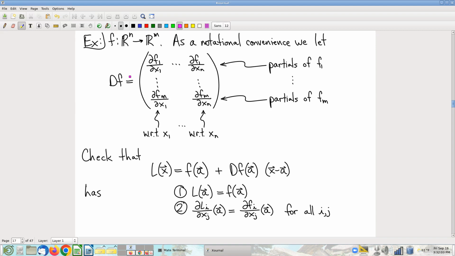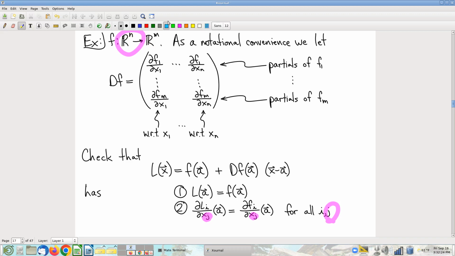And we want to find, again, a function that agrees in value and all of the various partial derivatives. And keep in mind, I've got several different input variables, x1 through xj, with respect to which I could take partial derivatives.